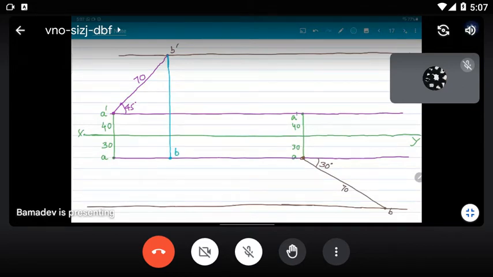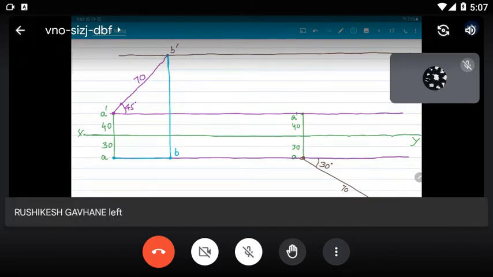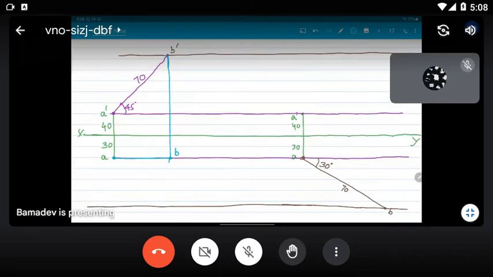Say this point is B. Now, take A as the center and AB as the radius, then make an arc here, taking this as center and this as radius, draw an arc, which is cutting here.